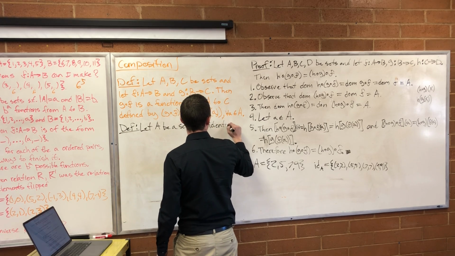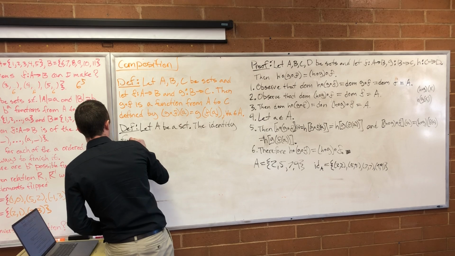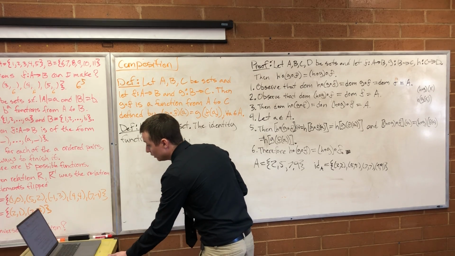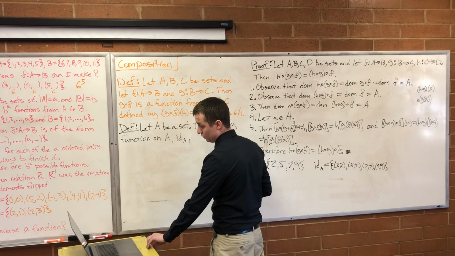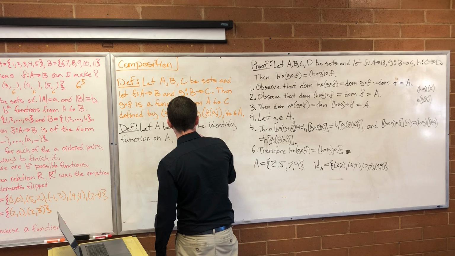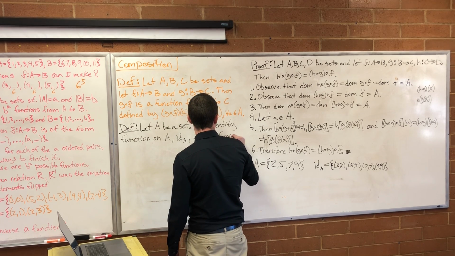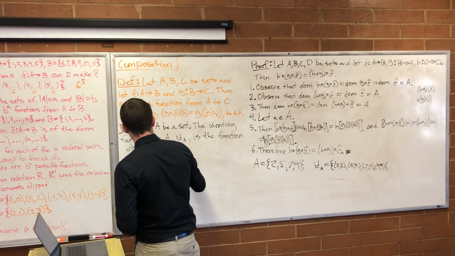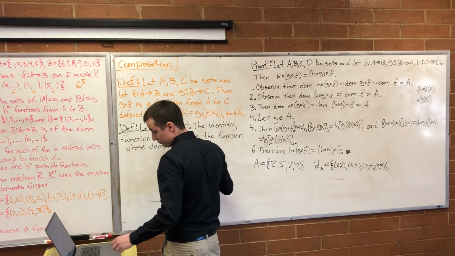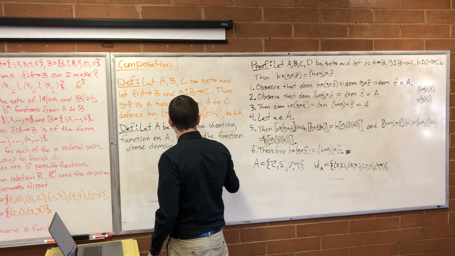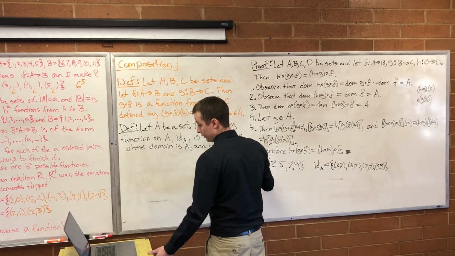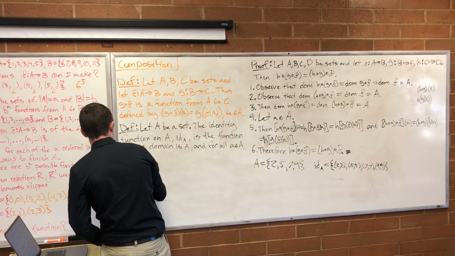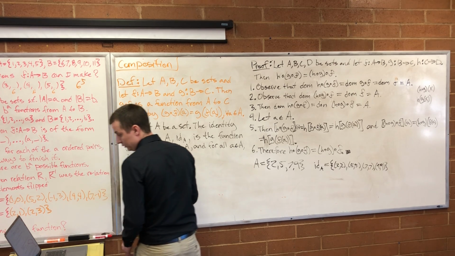The identity function on A, written ID A, is the function whose domain is A, and for all little a in A, the identity of a on A is equal to a.